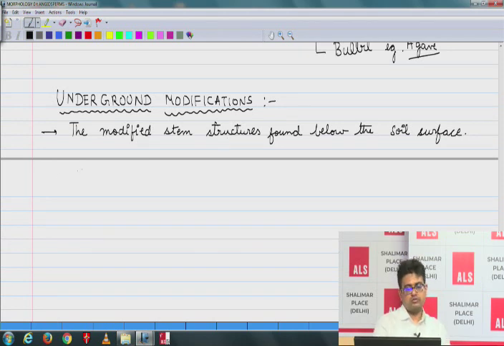So first of all, we have to take out the first modification, rhizome.